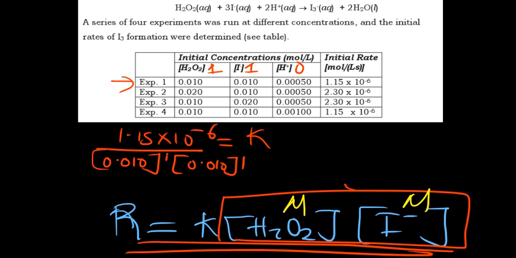Whatever you get, divide that into 1.15 times 10 to the power negative 6. Anyway, you should be able to get the answer. I'm not having a calculator right now, unfortunately, so I'm not able to.